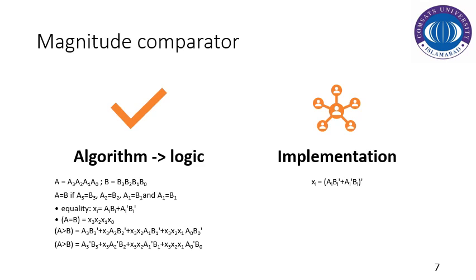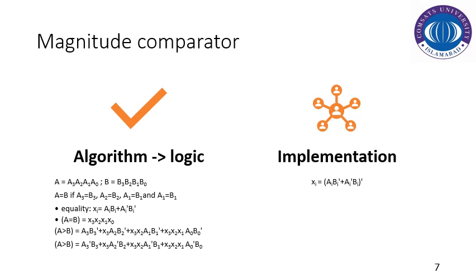So x3 is the case where A3 was equal to B3, and then we move to A2 and B2. So x3 is ANDed with A2 and B2 prime, and similarly, if this also results inconclusive, we switch to the next lower placement. We only switch to the next lower placement if the more significant bits in the comparison are equal or inconclusive.